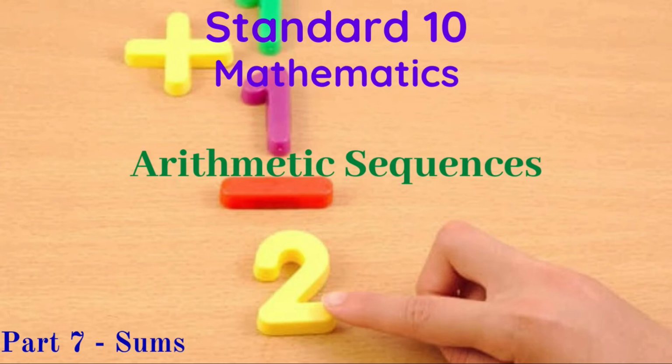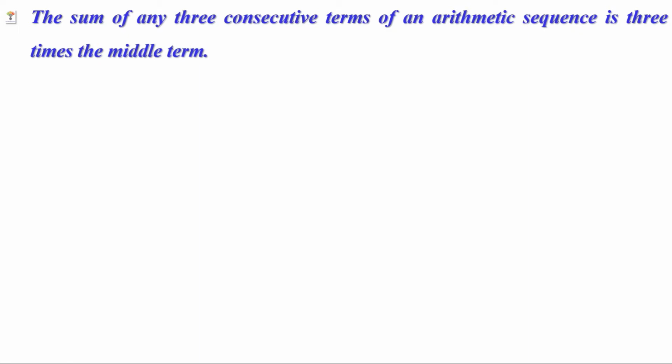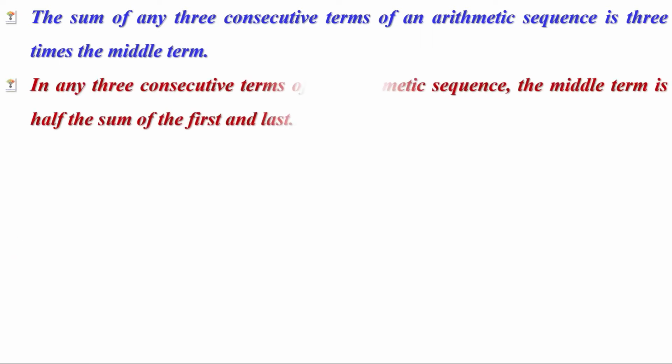I am Ramesh. In the last video, we discussed the relation between the sum and terms of an arithmetic sequence. We learned the sum of any three consecutive terms of an arithmetic sequence is 3 times the middle term, and in any three consecutive terms, the middle term is half the sum of the first and last.